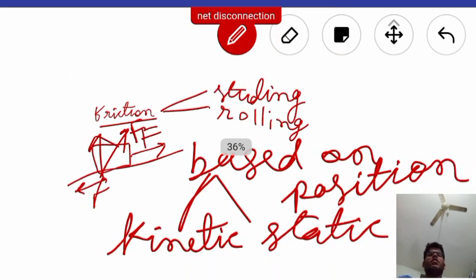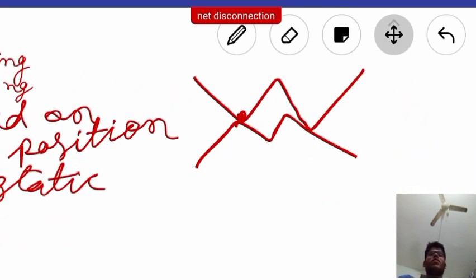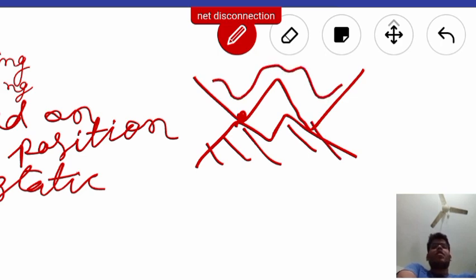So let me demonstrate this by an example. You can see there are two surfaces, this one over here and another one over here.